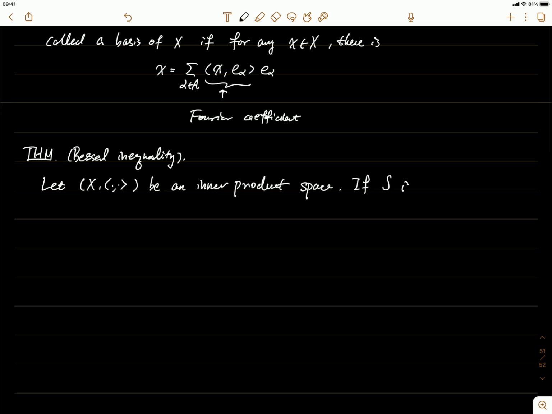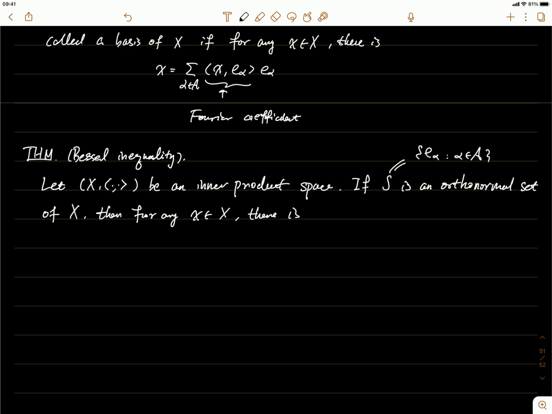So if S is an orthonormal set, not necessarily a basis, and any orthonormal set, or this S can be written as E alpha, where alpha is from the index set A. Then for any X, we know we take the series of the squared Fourier coefficient, not necessarily Fourier coefficient, just projections of X onto each of this E alpha.